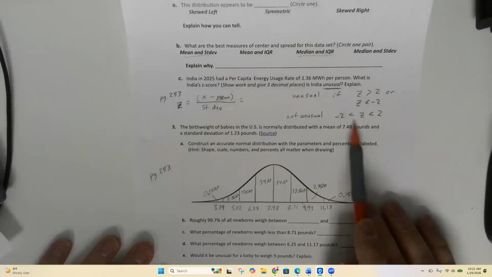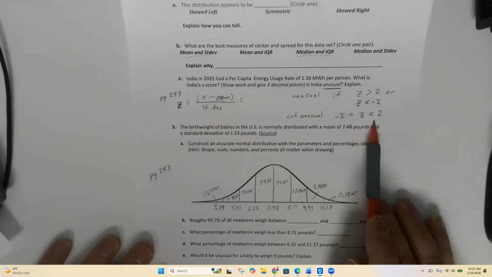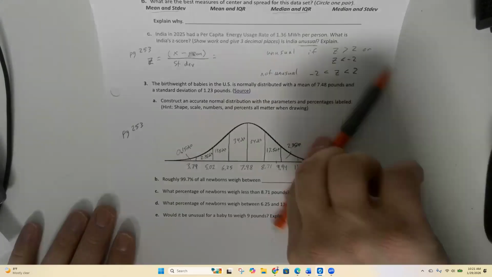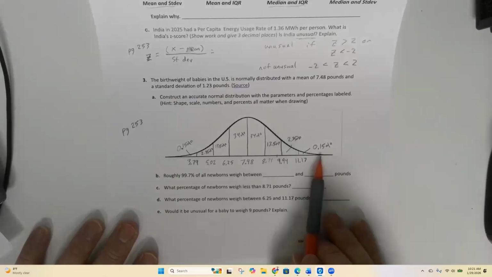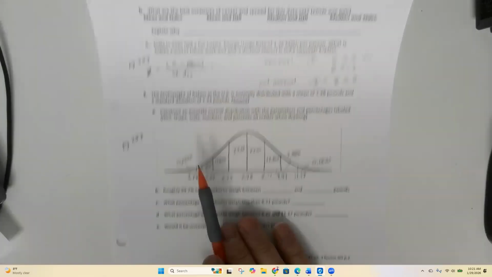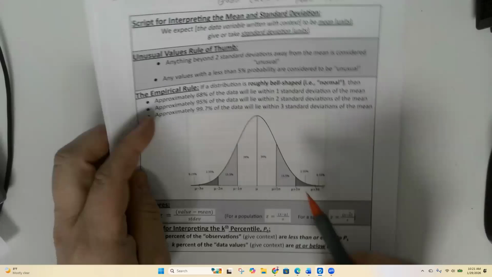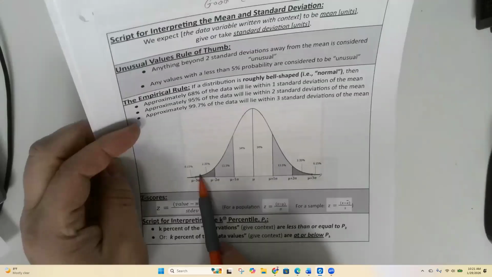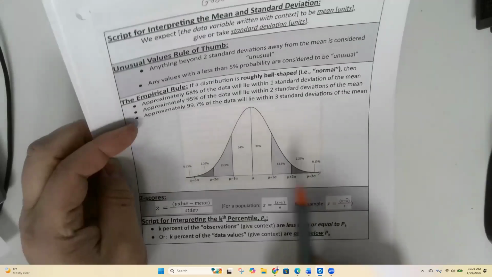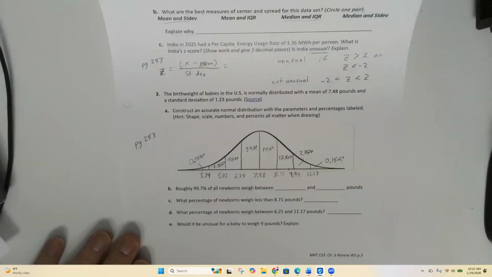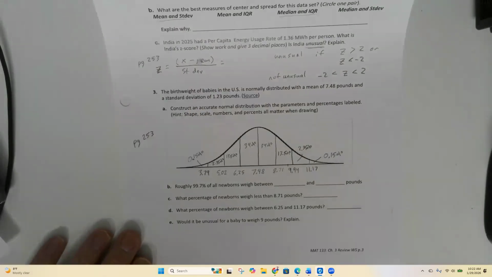It's not unusual if it's between 2 and -2, and the reason why is because outside of those is all of this dark shaded region. So this area here and this area here adds up to a total of 5%. And we said earlier that when you're looking at probabilities, it's if it's less than 5%, okay?